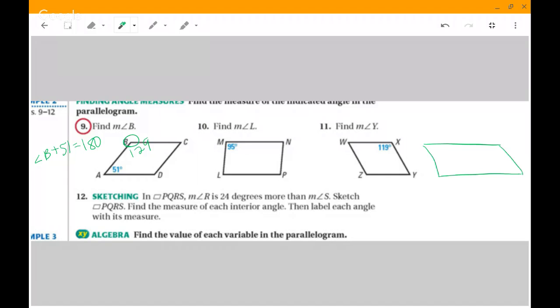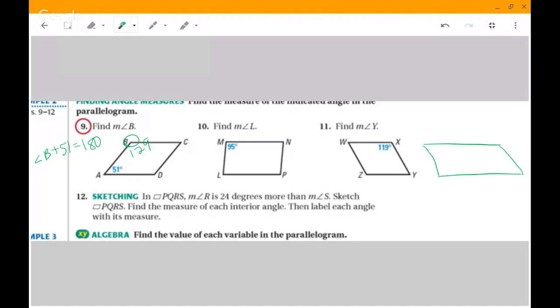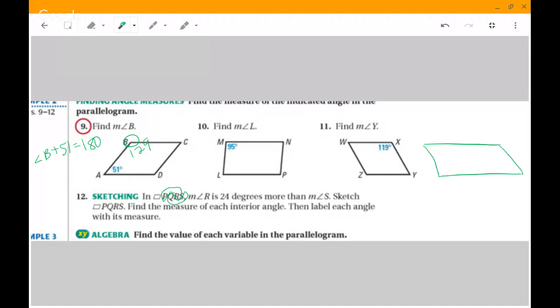PQRS. P and R are opposite angles, and Q and S are opposite angles.